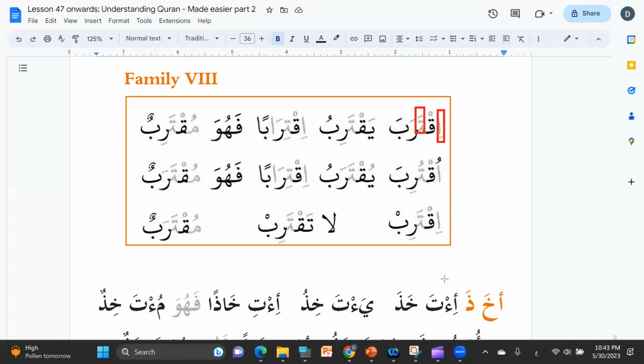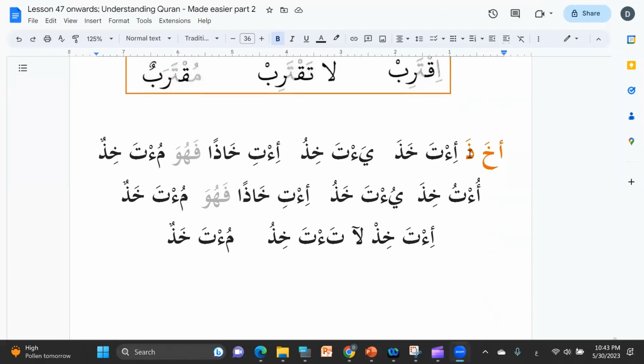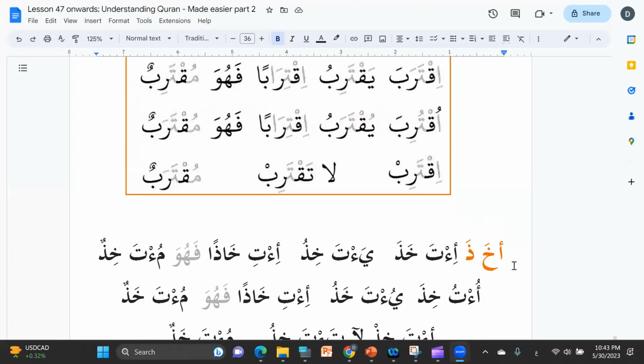So the thing is, we have this extra hamza and we have ta. So what happens when we put akhaza in this pattern? Okay, let's see. So iqtaraba. These are the root letters: hamza, kha, and za. Iqtaraba, alif is coming from where?